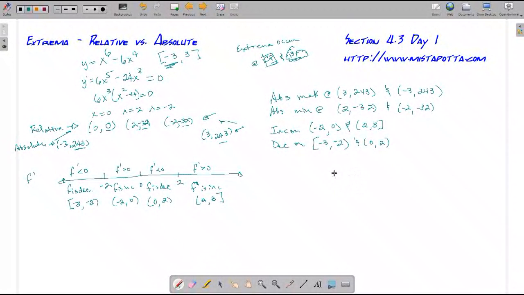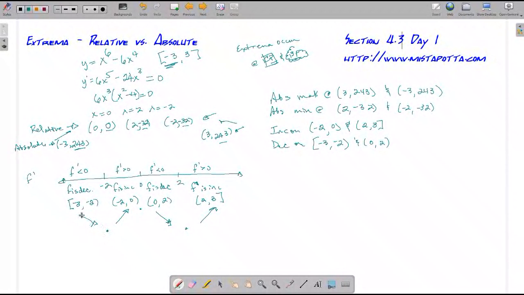And if I'm looking for relative extrema, notice that I'm decreasing, then I'm increasing, then I'm decreasing, then I'm increasing. So that means something is happening here, here, and here.